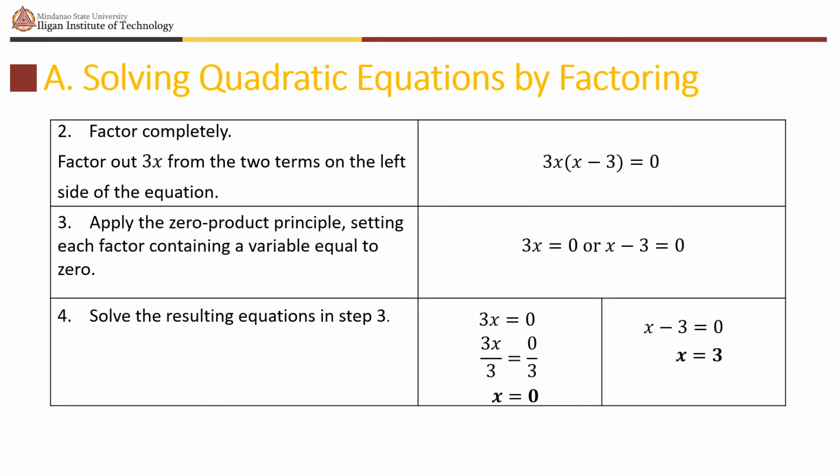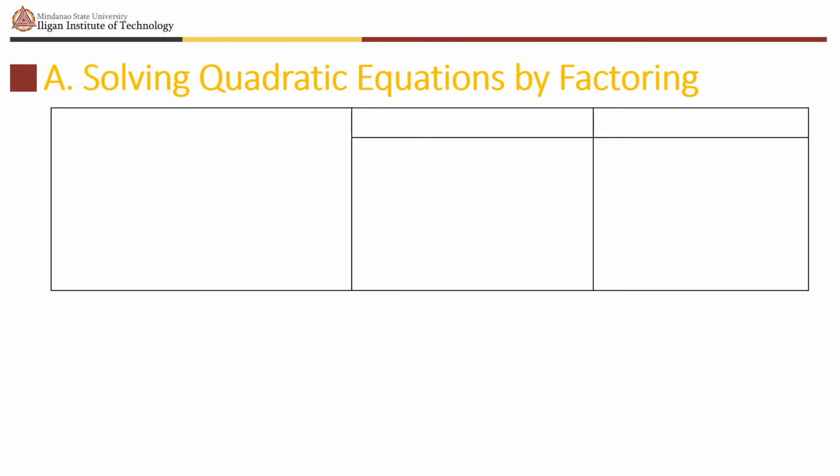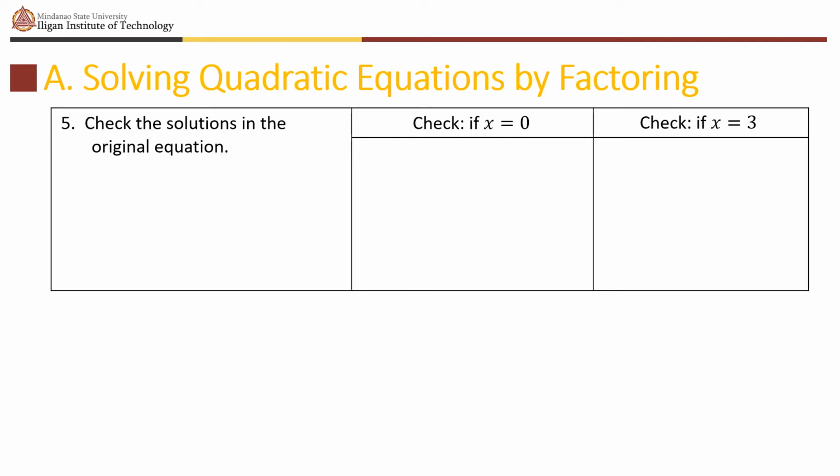We have x equal to 3. Therefore, the solution would be x equal to 0, and the other one is x equal to 3. But you still have to check whether they satisfy the equation.